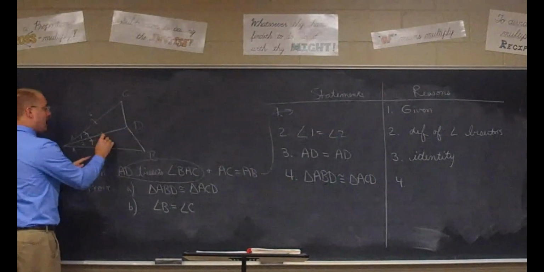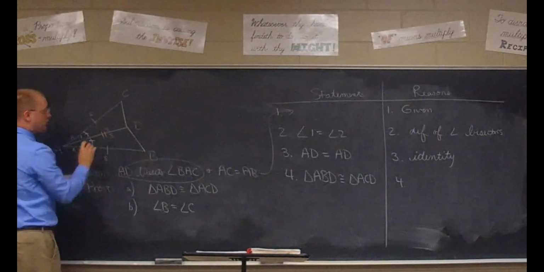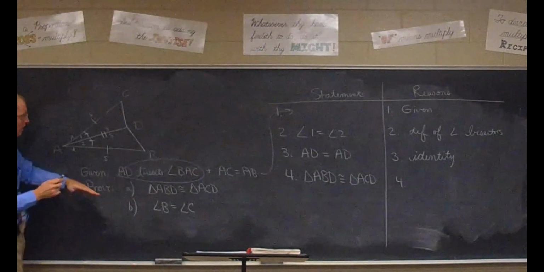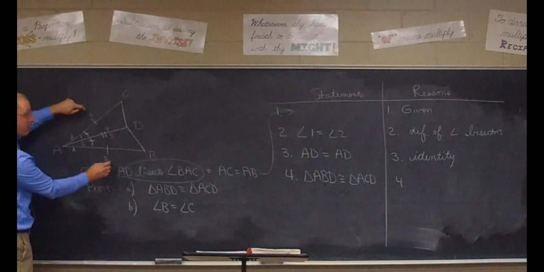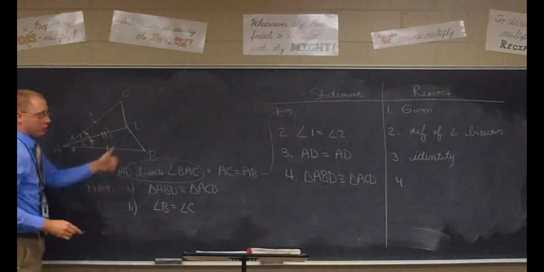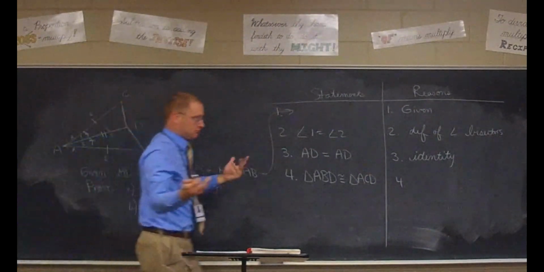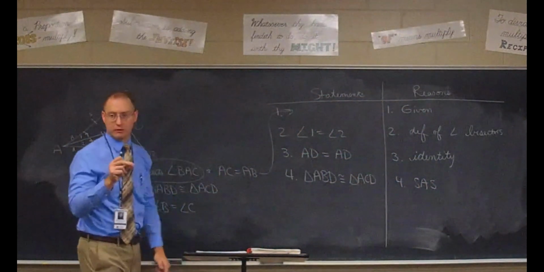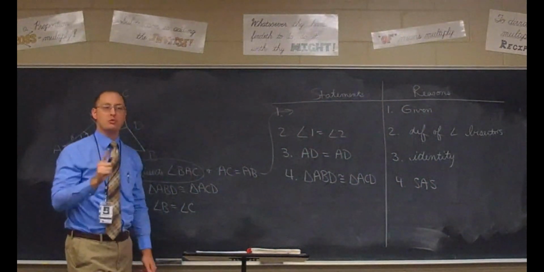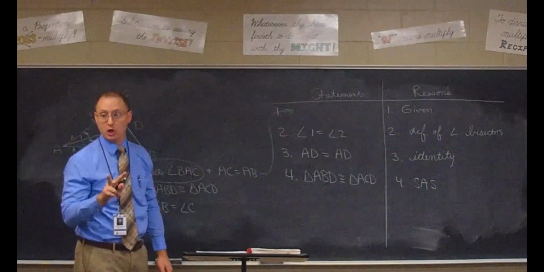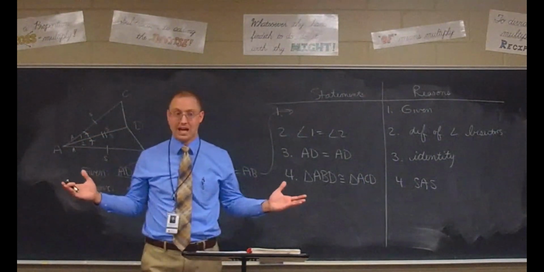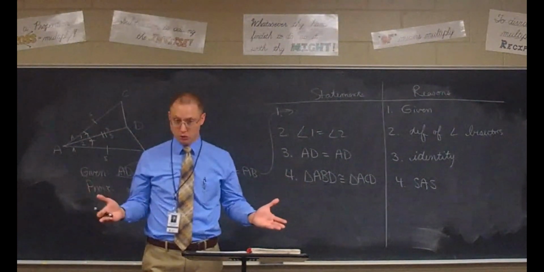And then this line is equal to itself. So this line of this triangle is equal to the same line in this triangle. So class, we have side, angle, side. So the reason the triangles are congruent? Side, angle, side. And then once you know, listen carefully to this statement. Once you know that two triangles are congruent, then you know that all their matching parts have to be equal.